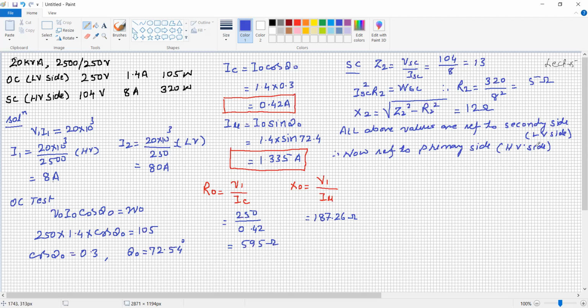All above values are referred to the secondary side. Secondary side is LV side. Now refer to the primary side. The values are going to increase again. So R1 is equal to 250.